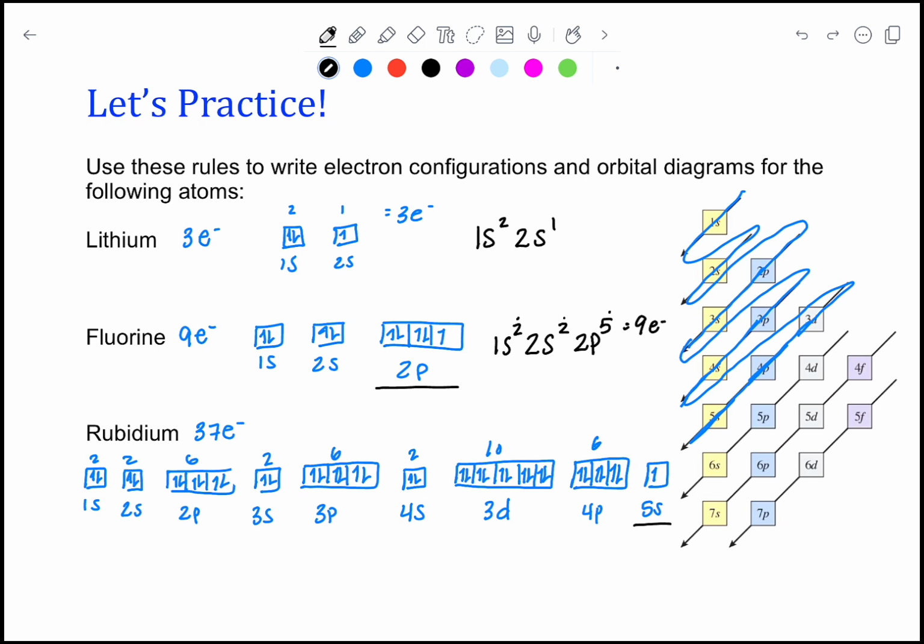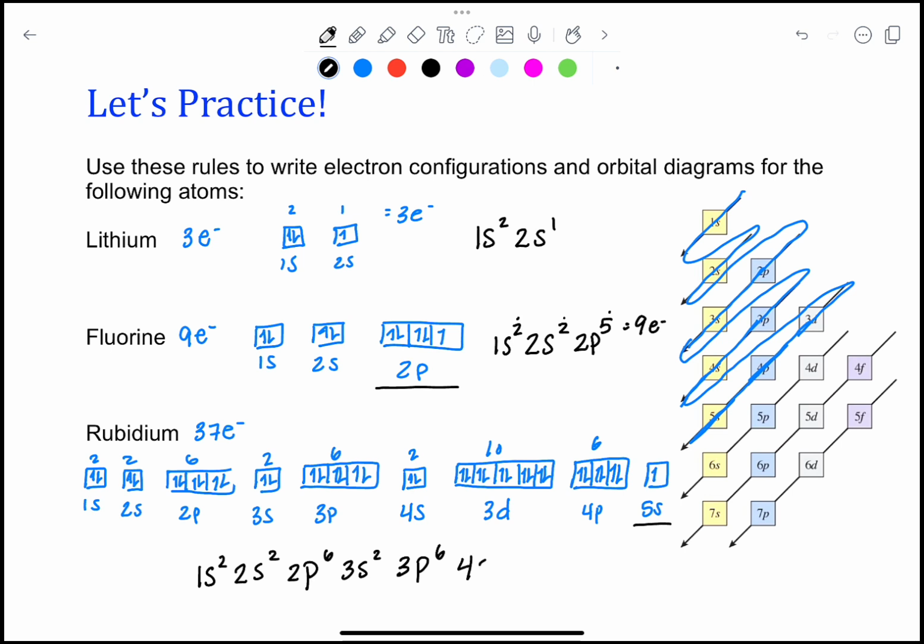Okay, so now that we have our orbital diagram, we can use that to draw our electron configuration. So in my 1s orbital, I have 2 electrons. In my 2s orbital, I have 2 electrons. In my 2p orbital, I have 6 electrons. In my 3s orbital, I have 2 electrons. In my 3p orbital, I have 6 electrons.